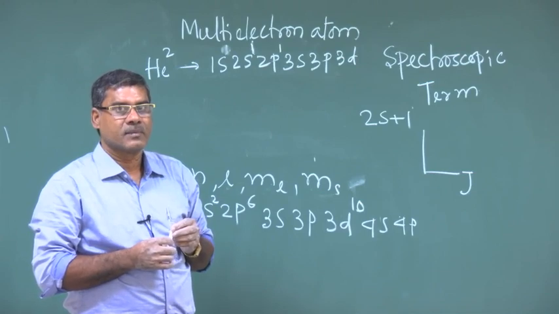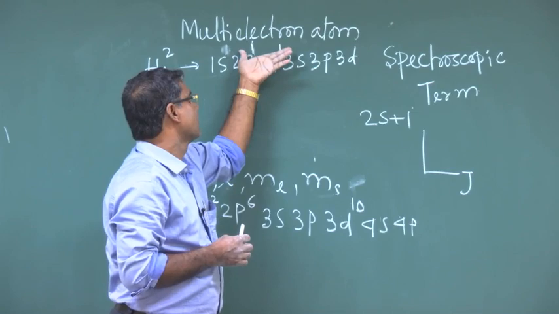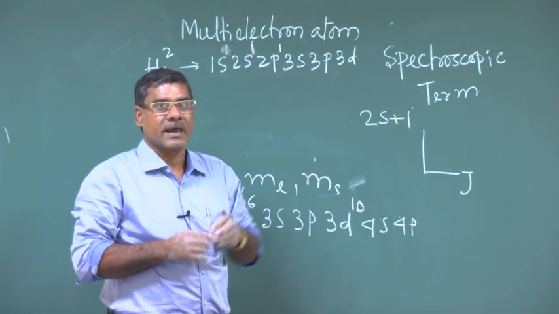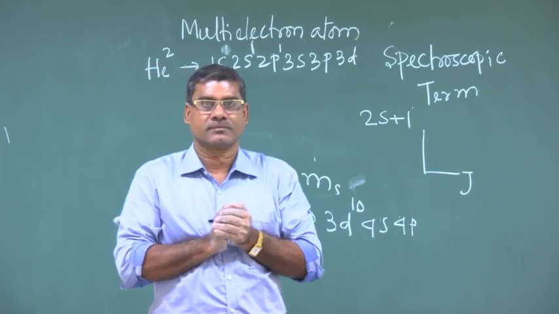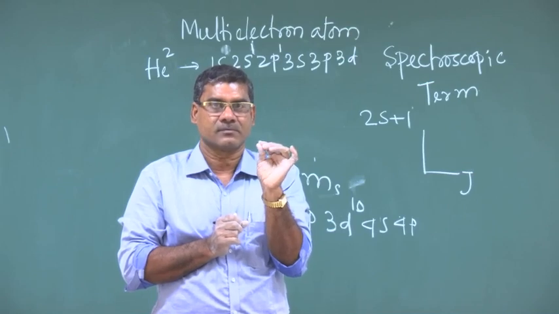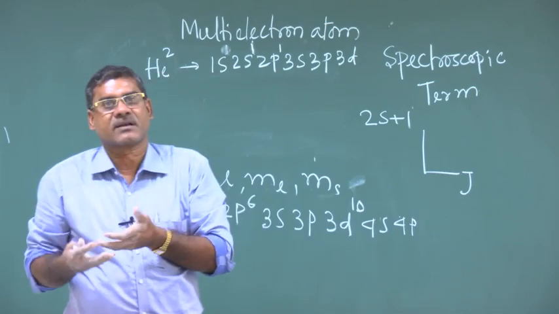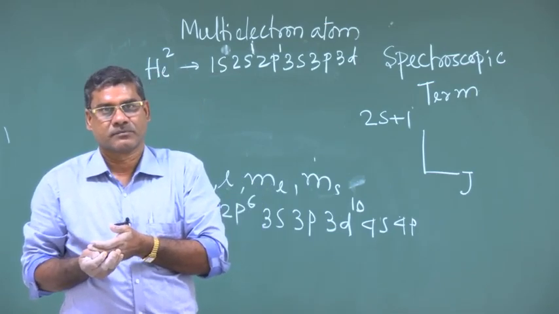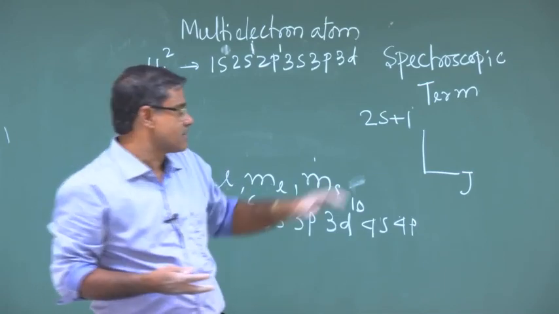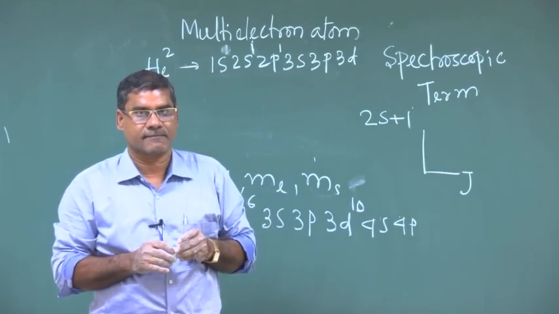Because of the different configurations of the electrons, staying at different orbitals, the energy of the atom will be different. So for each distribution of the electrons there will be one state of the atom, which is expressed by the spectroscopic term, as I mentioned.